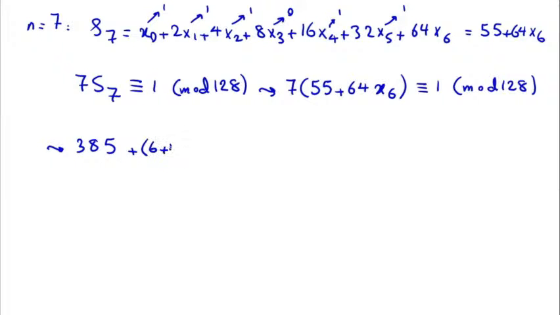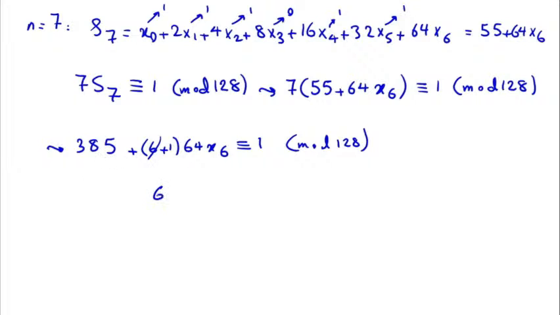Instead of 7, you can say 6 plus 1, times 64x6, is congruent to 1 mod 128. But 6 times 64 is a multiple of 128, so you can cancel that. It will be 0. So we conclude 385.